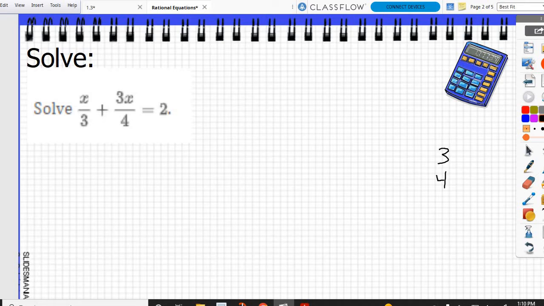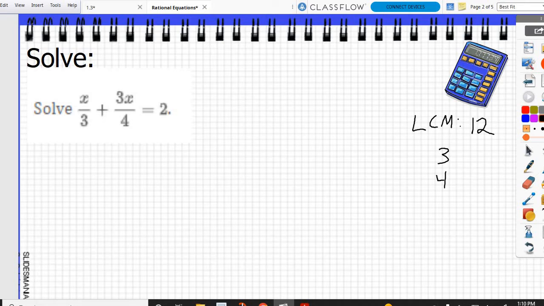Yeah, 12. Both 3 and 4 go into 12. Do we remember what that's called? I'm looking for the smallest number. Yeah, my least common multiple. So I want to multiply everything by our least common multiple.